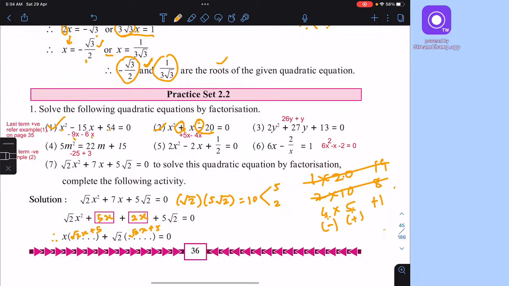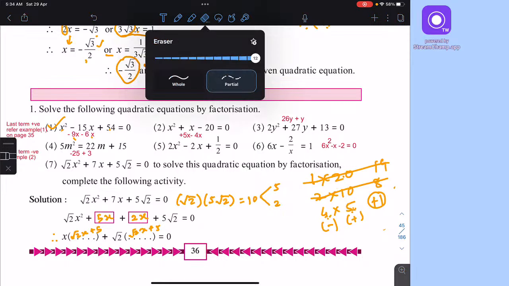If you multiply, you are getting minus 20, and if they are added, you are getting plus 1, the middle term. So plus 5x and minus 4x. Therefore x square plus 5x minus 4x minus 20 equal to 0. And you have to pair them and take common.